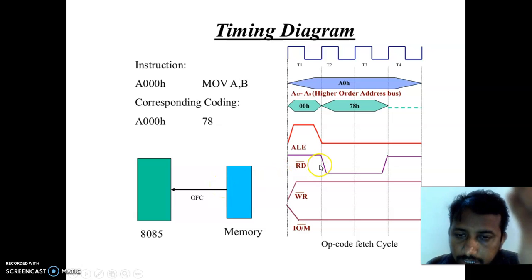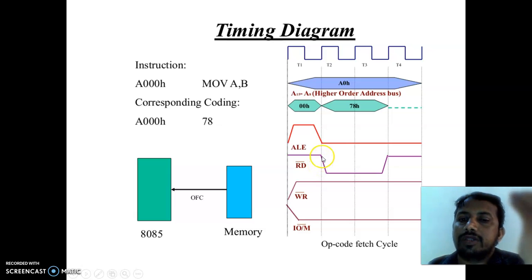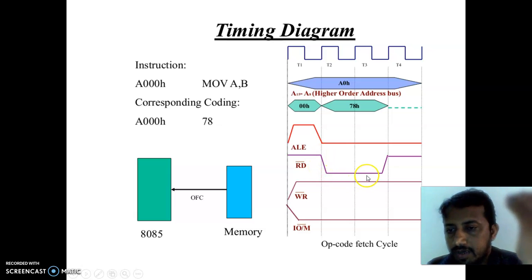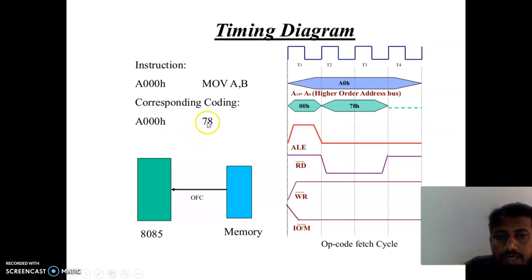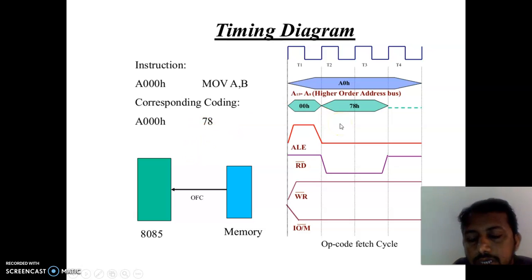To read data from the memory location, we make the read signal low. When you make the read signal low, it starts reading the data. Most probably the reading operation will not start at the immediate instant.